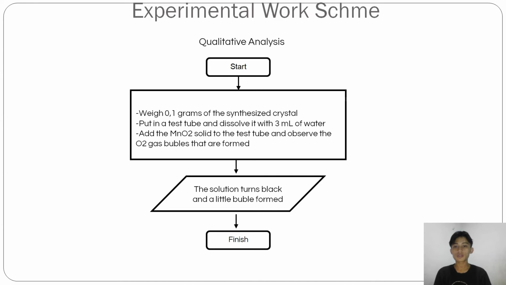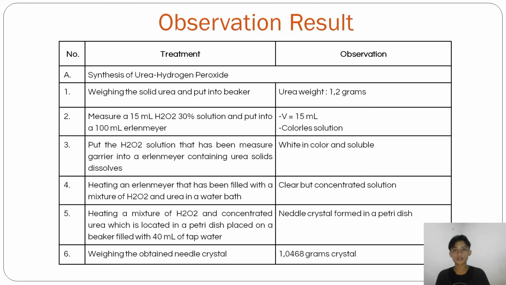Second, put it in a test tube and dissolve it with 3 ml of water. And the last, add solid MnO2 to the test tube and observe the oxygen gas bubbles that are formed, and the solution turns black and a little bubble is formed, and finish.